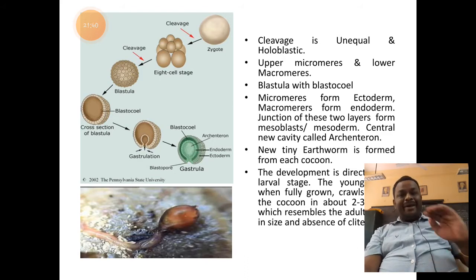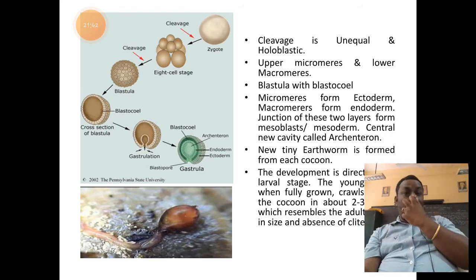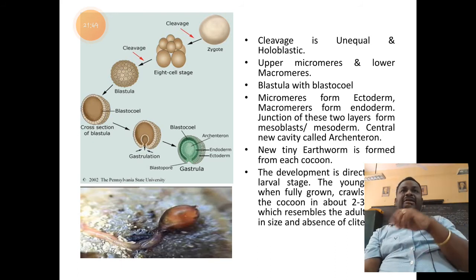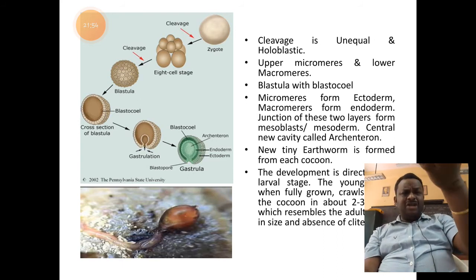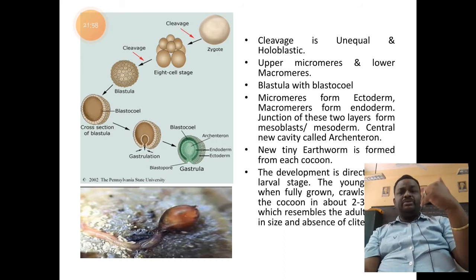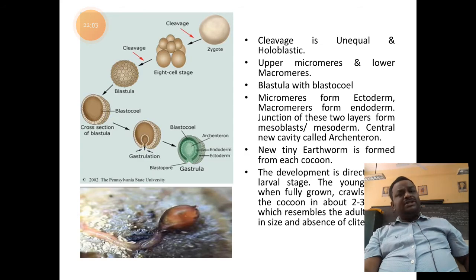Now, micromeres will form the outer layer called ectoderm, and macromeres will form the interior layer called endoderm. The junction between these two cell layers, ectoderm and endoderm, at both the sides shows the formation of a group of undividing cells called mesoblasts.